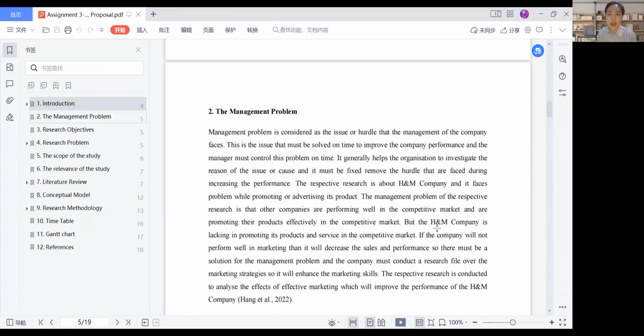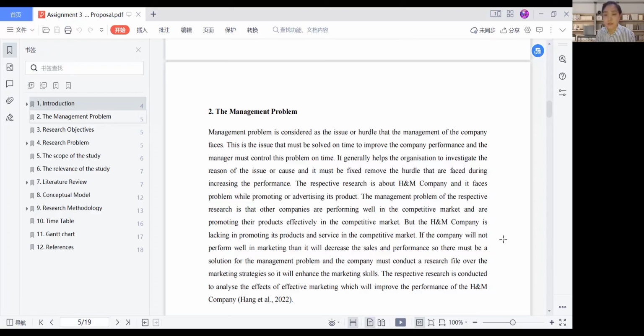I'm Li Jie. I will continue with the management problem. The management problem is considered as the issue of managing the company's business. The respective research is about each company and its business problem of promoting or advertising its product, but each company is lacking in promoting its products and serving in the competitive market.